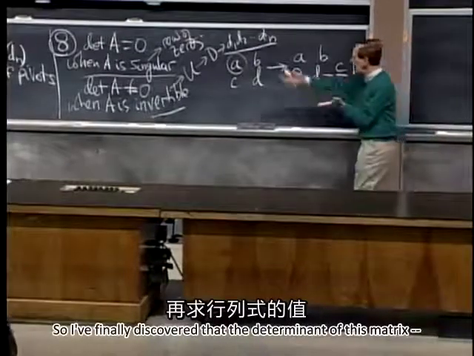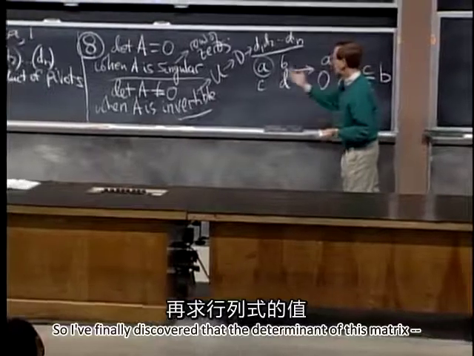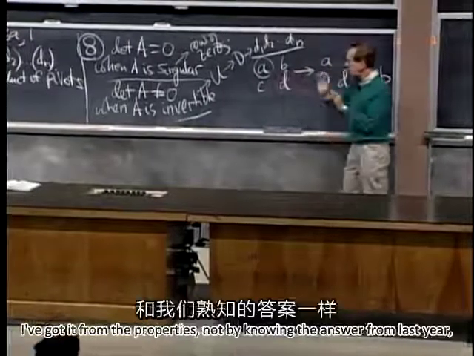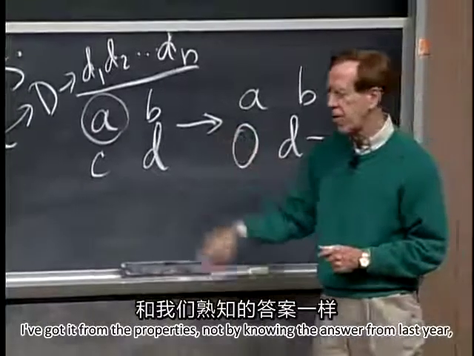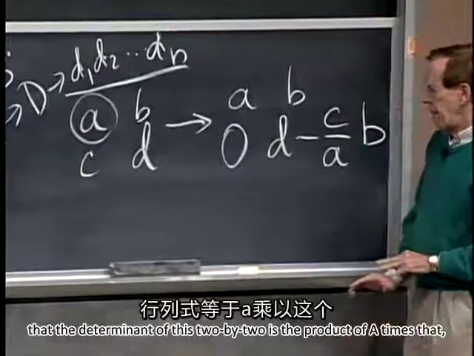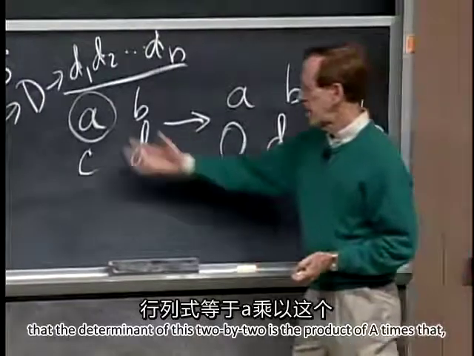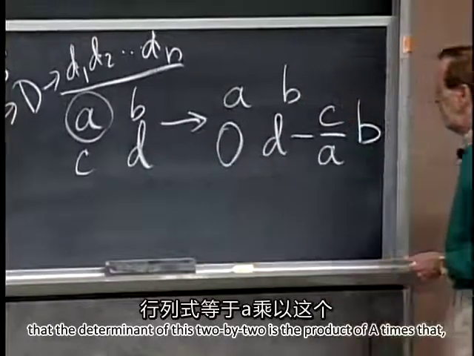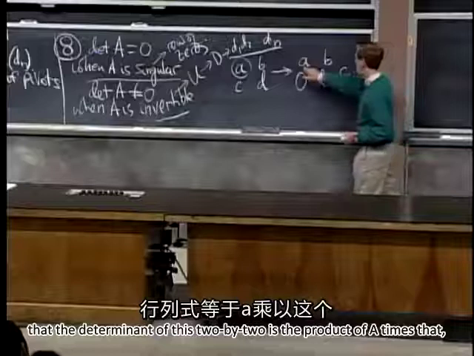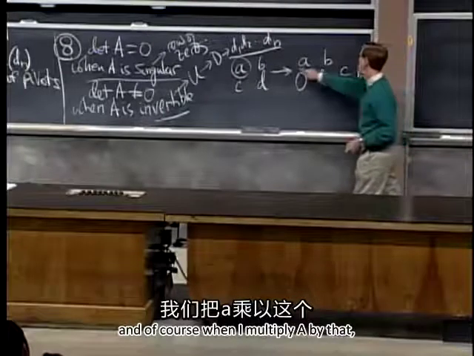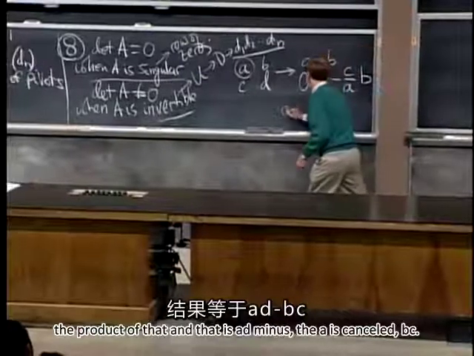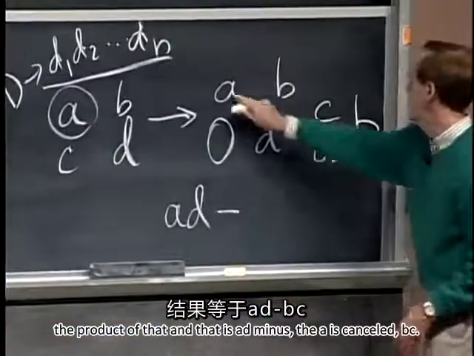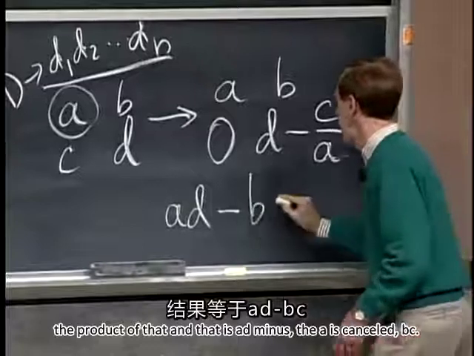So I've finally discovered that the determinant of this matrix, I've got it from the properties, not by knowing the answer from last year, is the product of A times that. And of course, when I multiply A by that, the A's cancel and the product is AD minus BC.